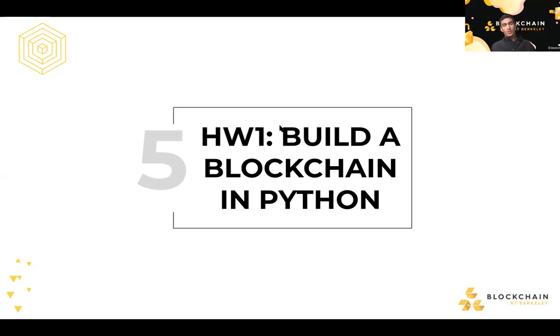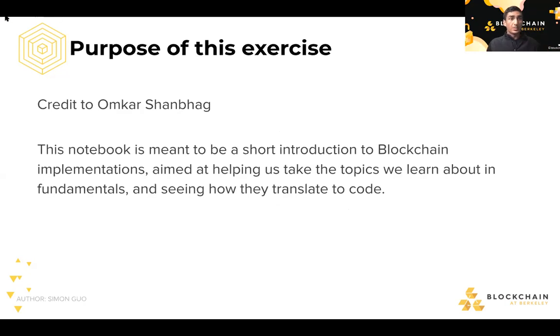The first homework is one of the coolest homeworks I've ever seen. It was written by Omkar, who graduated, so congrats to him. You will be able to spin up your own blockchain in Python in an IPython notebook. It's uploaded on the GitHub, homework 1.